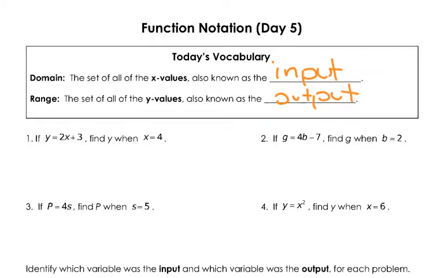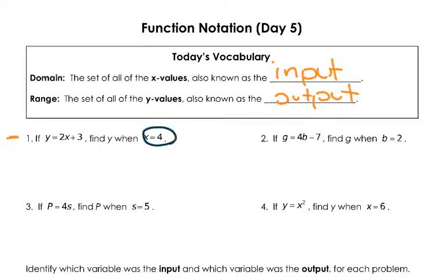So we're going to look at some input outputs now, just to familiarize with some of this. If you're looking at this first example, it says if y is equal to 2x plus 3, find y when x is equal to 4. So they're giving us the input, right?